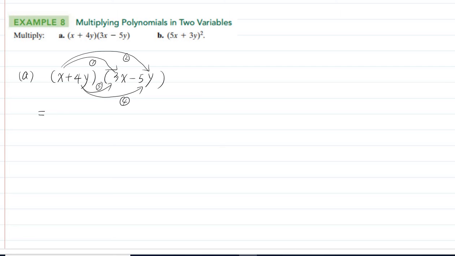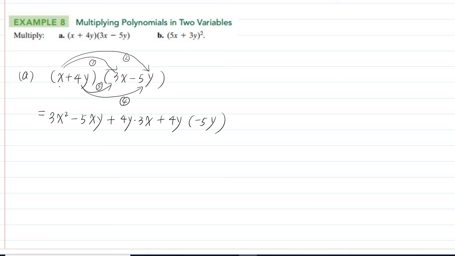So x multiplied by 3x gives me 3x squared. Then we have x multiplied by negative 5y, that will be minus 5xy. Then we look at this term right here, 4y multiplied by 3x, and then plus 4y multiplied by negative 5y.